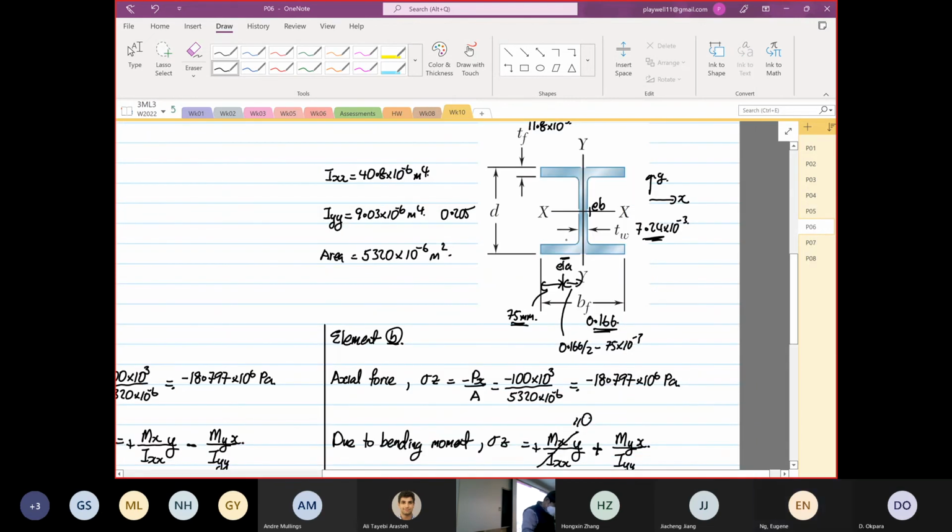No, this distance here to here is 7.24. Element B is here, so it's on the right hand side. So this distance is 7.24 divided by 2. Make sense? Okay.